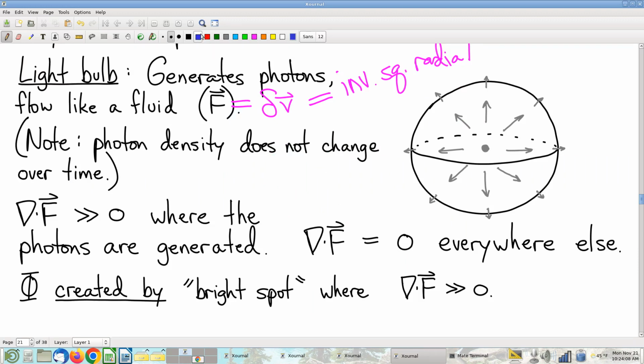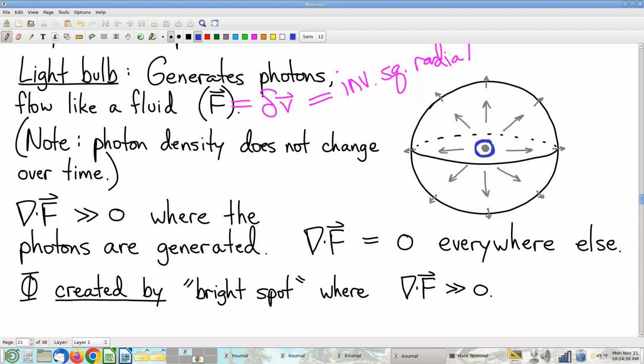Here's one. Let's look at a small region containing the light source, containing the little light bulb. And I ask, how much flux goes through the boundary of this little region containing the light bulb. This spherical surface here.